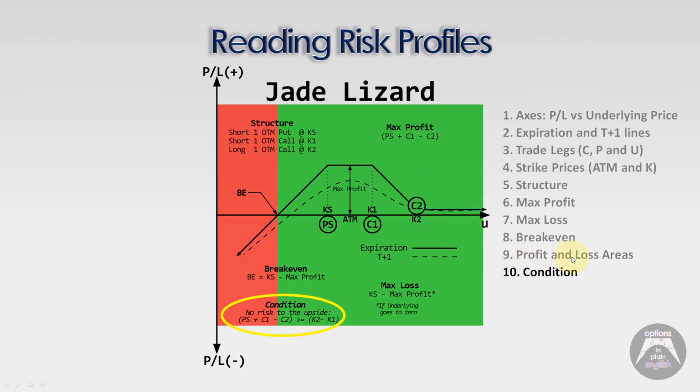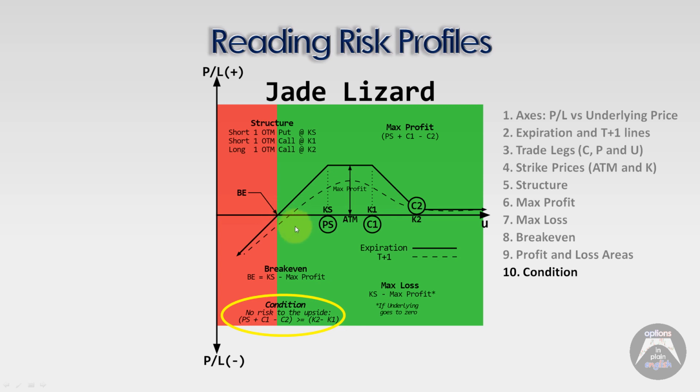And then the profit and loss areas. As you can see, one of the main advantages of this particular strategy, the Jade Lizard, is that it has a very wide profitable area. Even though the profit is not unlimited and it's capped, still you have your prices here, and anything that ends up above this break-even point, you're gonna be making a profit, even if it's only 1 penny.